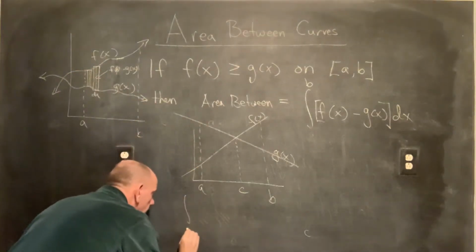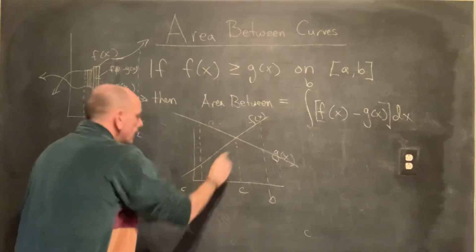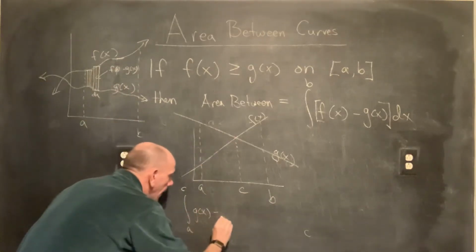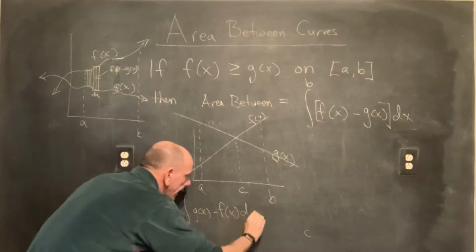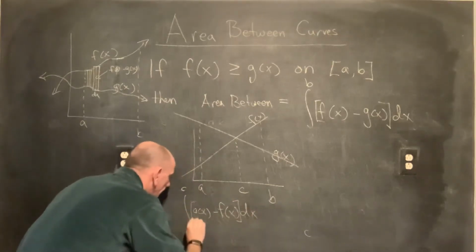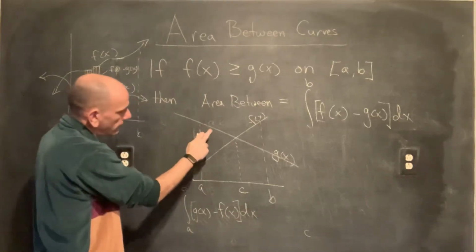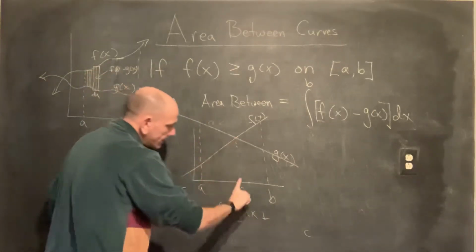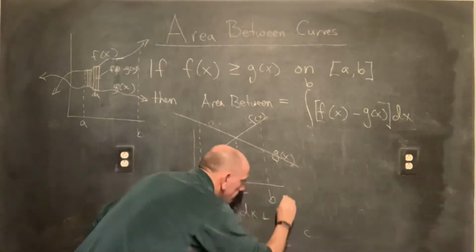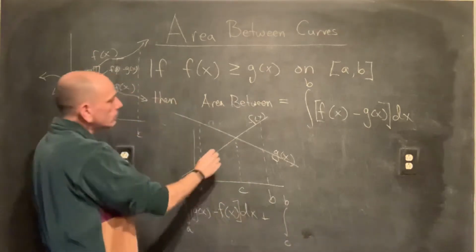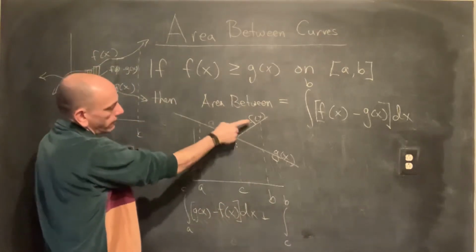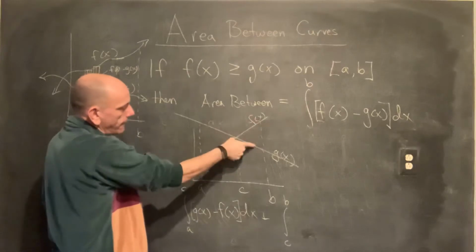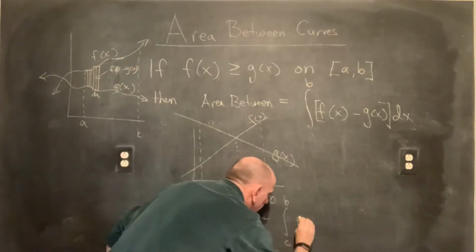So I'd have the integral from a to c of g of x minus f of x dx, to take care of this piece where g of x is greater, and then I add on to that the integral from c to b of f of x minus g of x dx, because on that interval, f of x is greater than g of x.